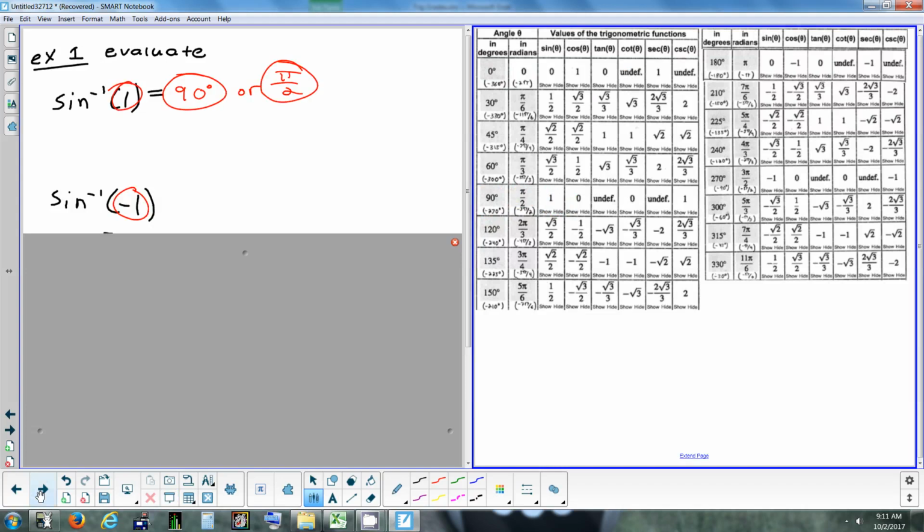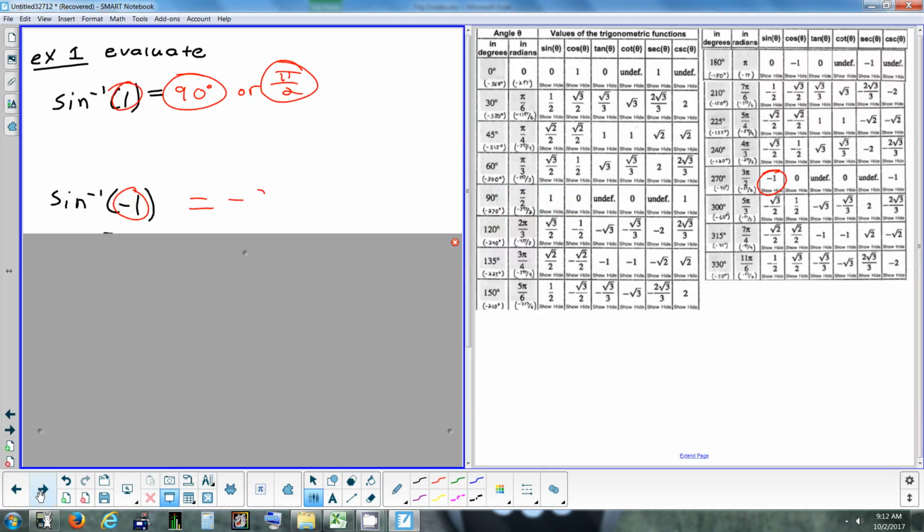Perfect. We're going to go down the sine column till we find negative 1. And did you find it on the front? I found it on the back. On the back? Let's keep going. Yep. So now we have 2 choices. We could write 270 or negative 90. Which one would you pick? Negative 90. Yeah, we want to pick the negative 90 because, remember, we said we have to be between negative 90 and positive 90. Okay, any questions on that one?